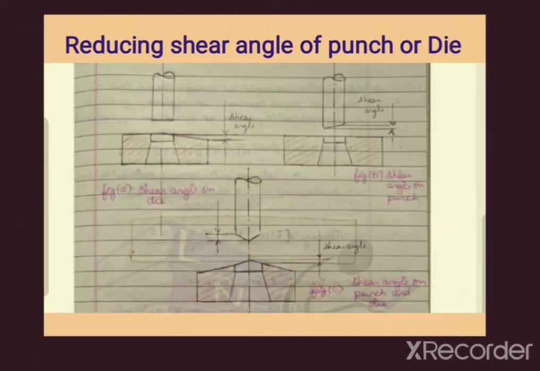See, these are some figures in which you can see shear angles. This is a die and this is a punch. On this die the shear angle is given. This is the shear angle and shear length. In the second case, shear angle on the punch is given, so the punch is tapered.